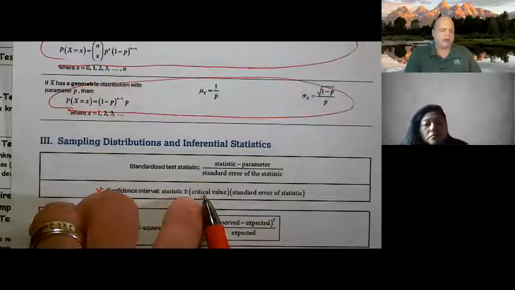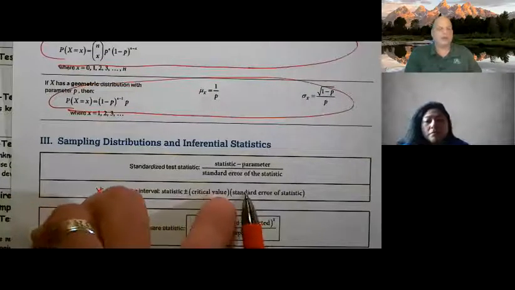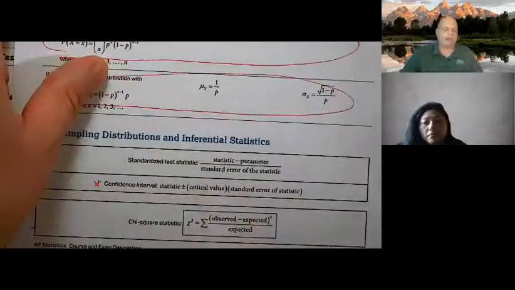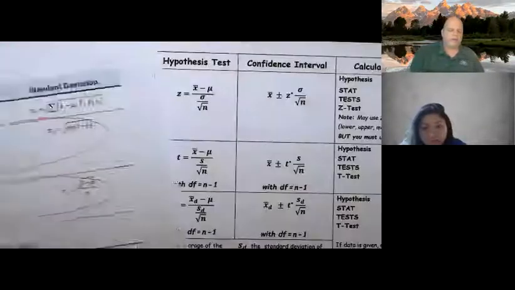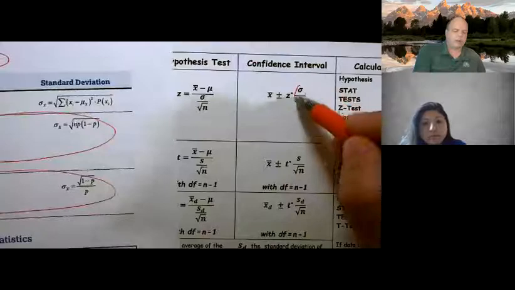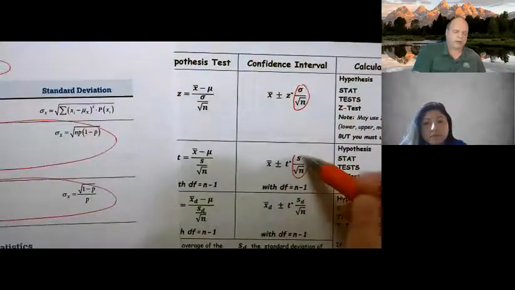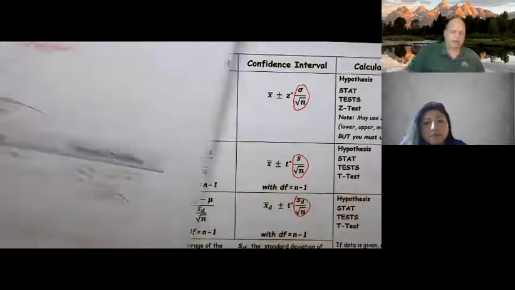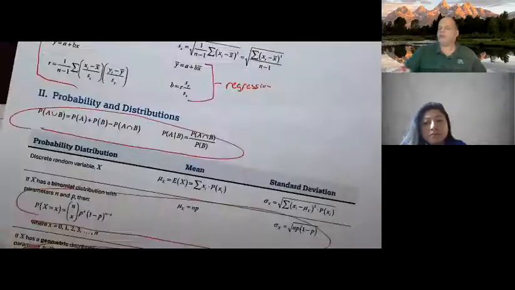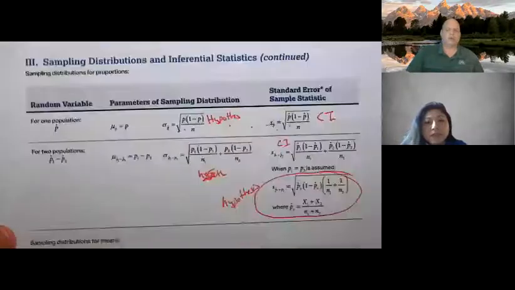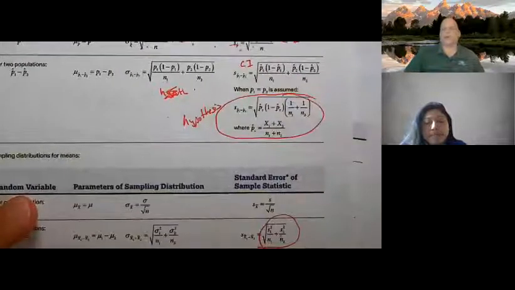All right. Standard error. Once again, you can get that. This right here is your standard error. This is your standard error. This is your standard error. This is your standard error. And you can actually find those things on your formula chart if that helps you out.